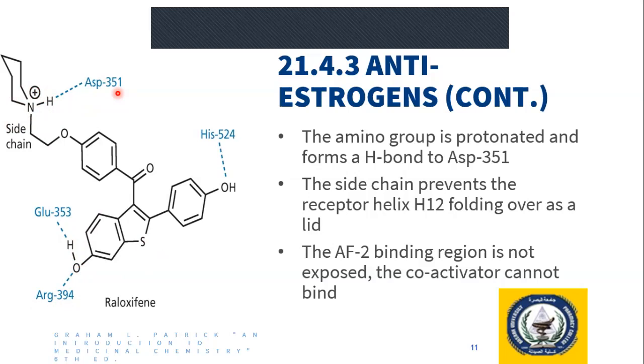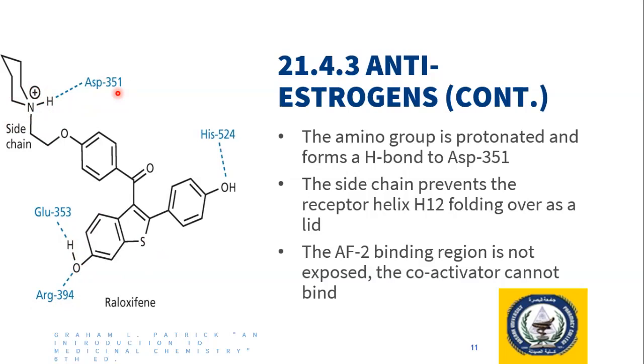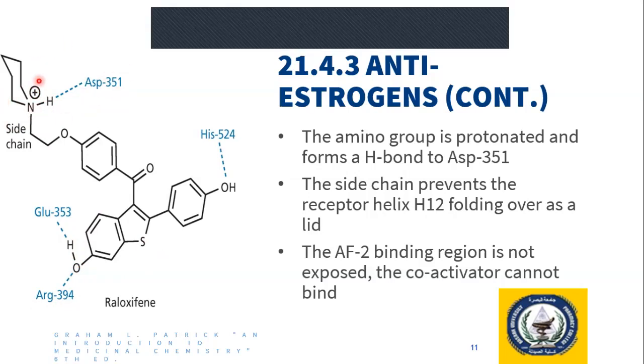By forming that bond, the side chain will prevent the receptor helix, the H12, from folding over as a lid. So this side chain will protrude out, and this will prevent the helix H12 from folding over as a lid.